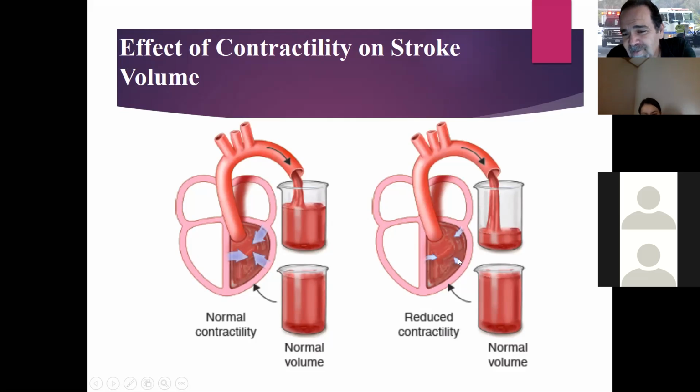But for whatever reason, if you see reduced contractile force or contractility, it has smaller arrows here. You still have the normal volume coming into the ventricle, but you don't have as much blood going out because it's not pushing it out as fast. Now, this is based on a couple of other things, and we'll go over the other reasons later on in this lecture.